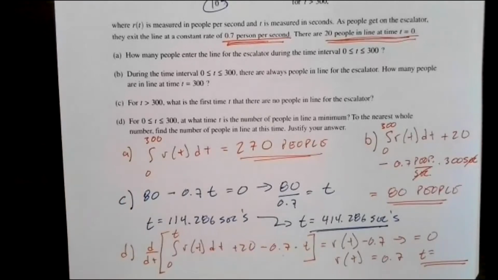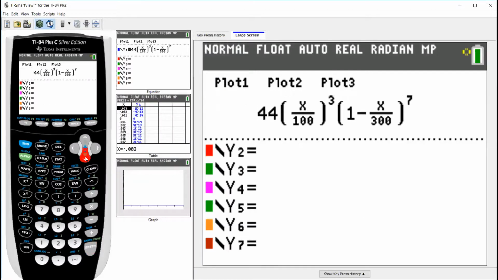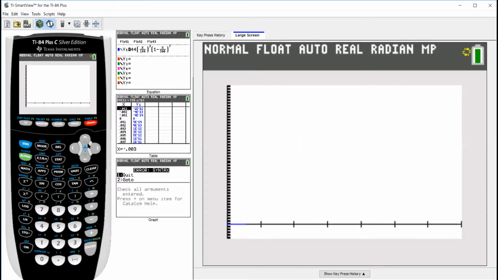Share screen. Y equals, let's go down one. 0.7, not 0.7 t, 0.7. Graph. Wait till it's done or else I'll crash my calculator. Good, that one's faster, thank goodness.